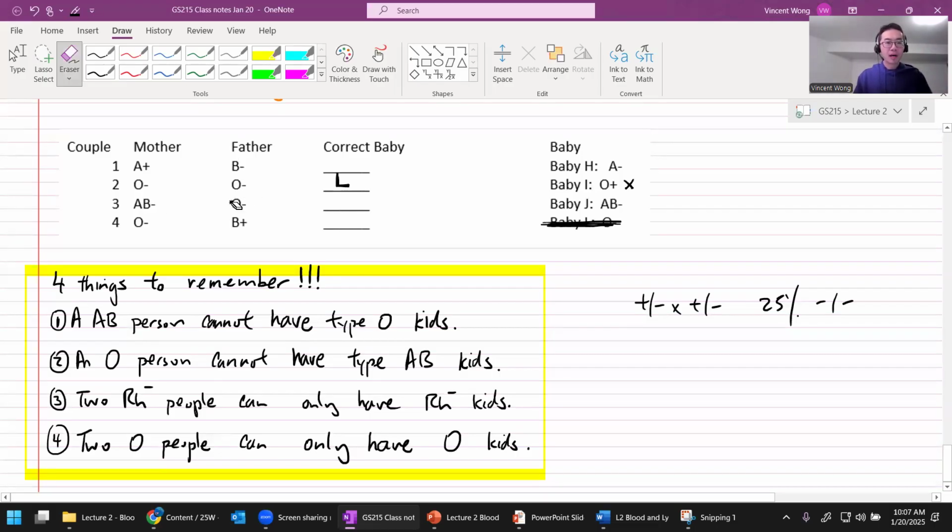Similarly, the father is type O, so he cannot have an AB baby. So that's not theirs. Baby L is already taken, so the only one that's possible from this list of three will be baby H. So baby H is gone.